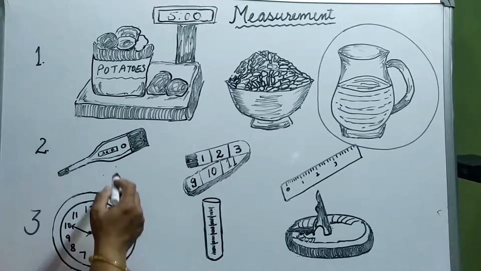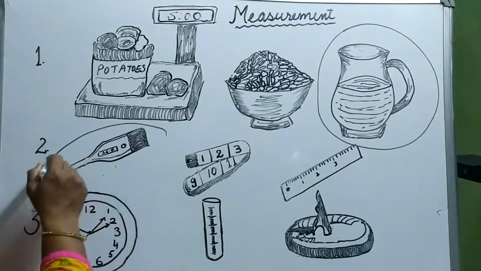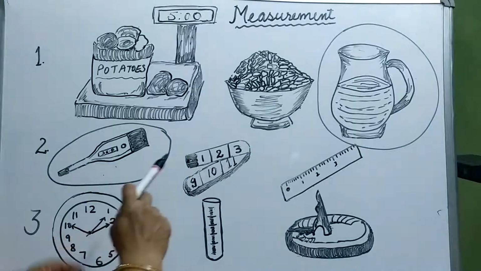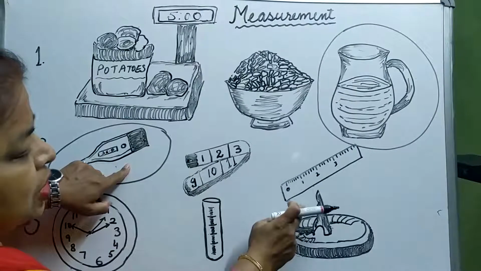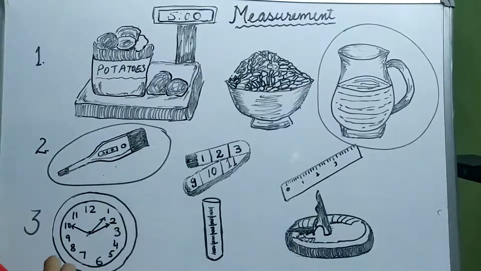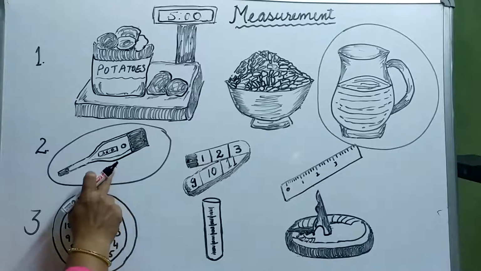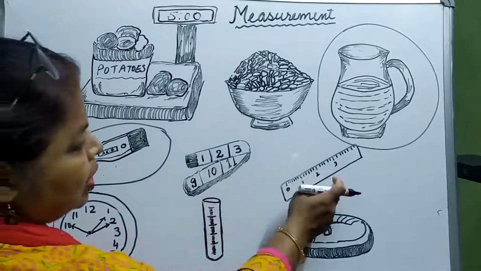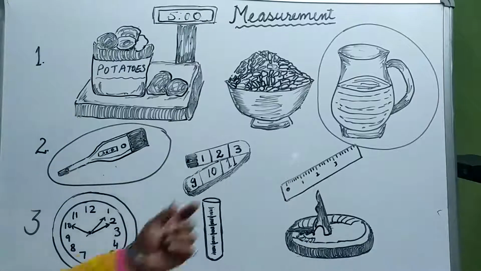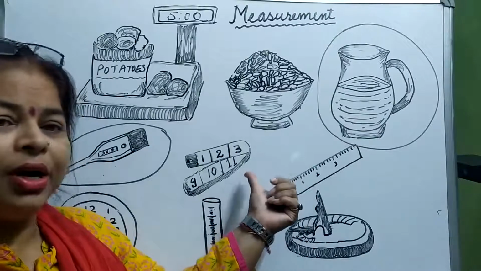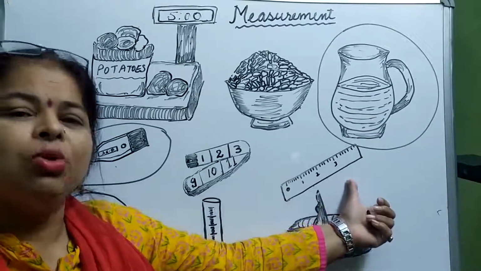No. What about this digital thermometer? Is it somehow similar to the measuring tape and scale? No. Why? Because we are measuring the temperature of the body, but these two are being used to measure the length, maybe of bigger dimension or smaller.